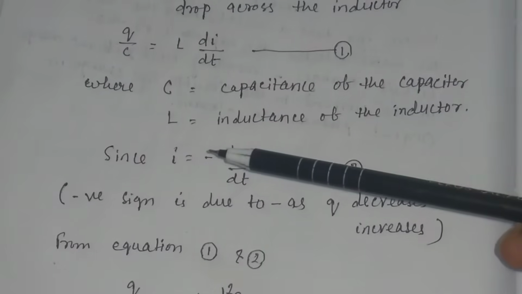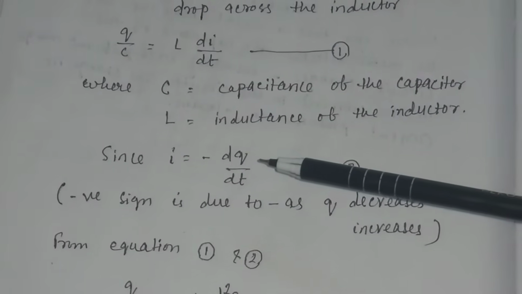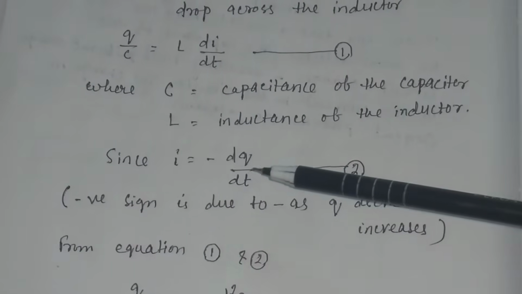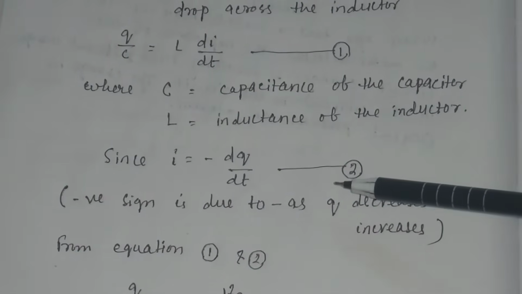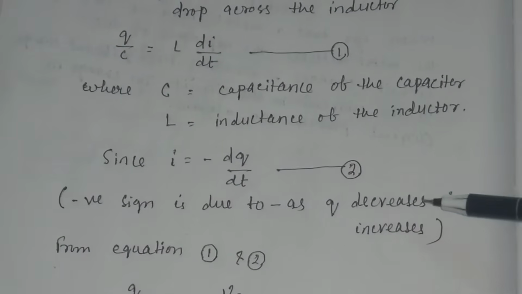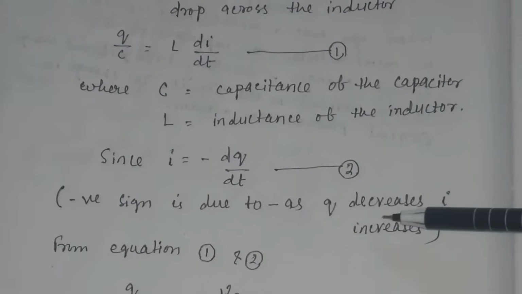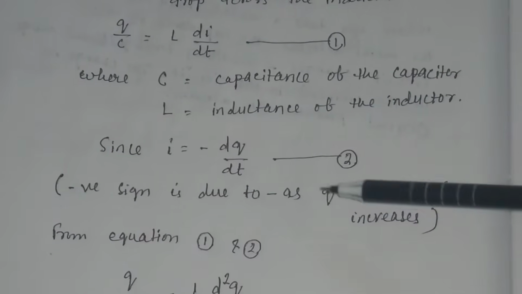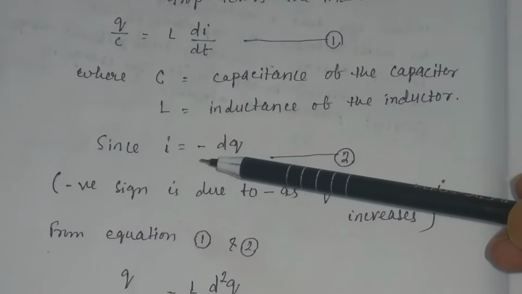Since the current is the rate of flow of charge, dq by dt, here we have taken the negative sign because, due to decrease of the charge Q, when current increases, the charge decreases. That is why we have taken the negative sign.